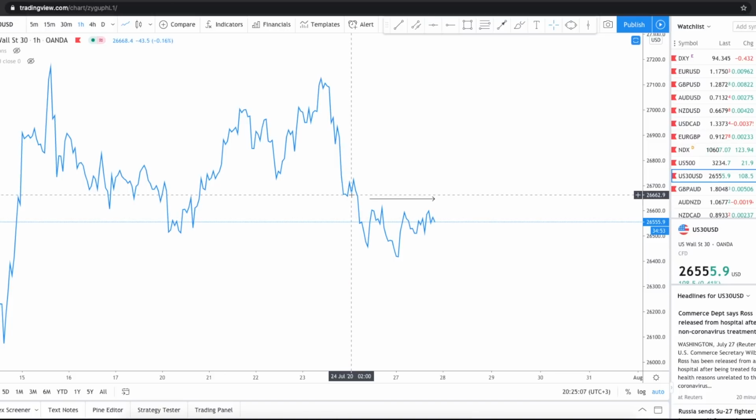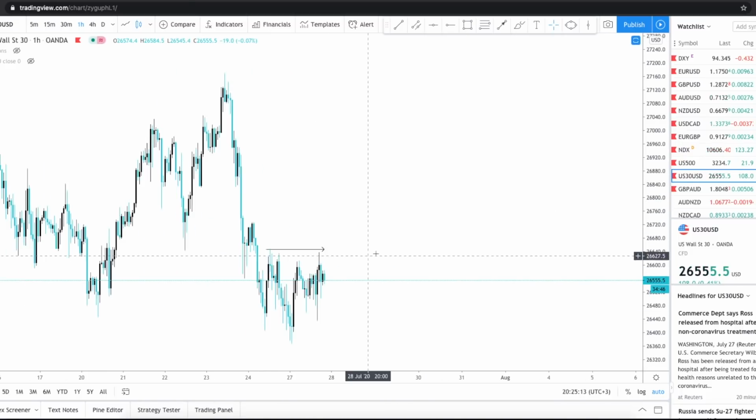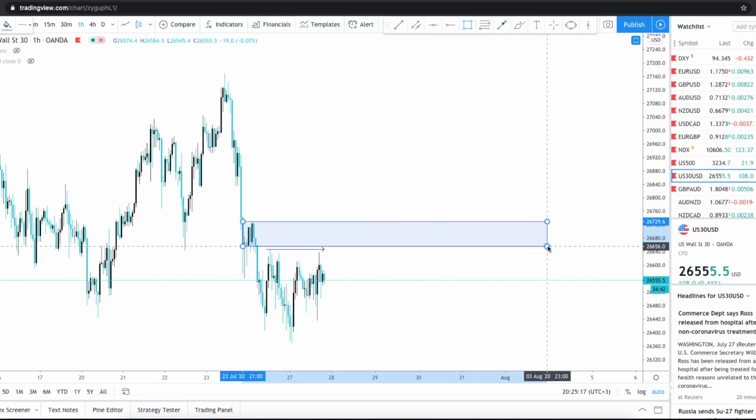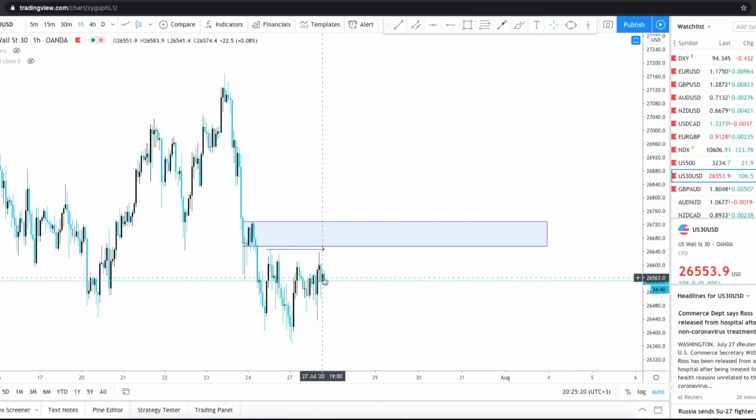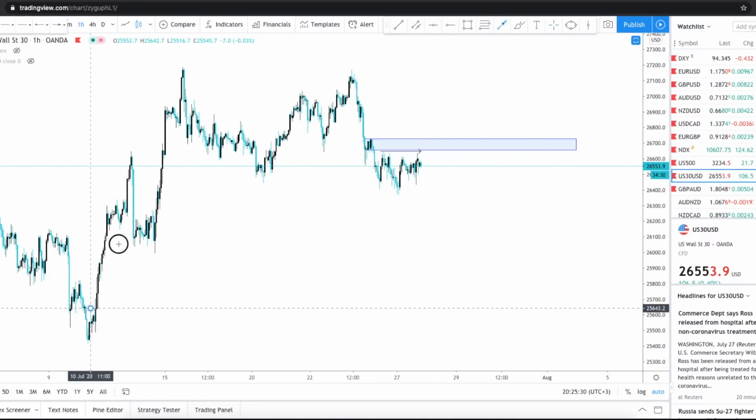So it broke those, and it's still failing to create higher highs. So even if it does come up higher, I'm going to be looking at this money box, and it might come up, grab all these equal highs, and then drop down if it is going to continue lower, which I think it might be, because I see this pattern.